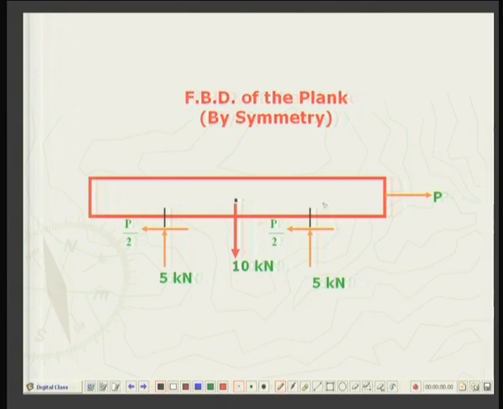And since the coefficient of rolling resistance is also same between the wheels and the plank, so the friction force here will also be same, but the total force of friction is to be balanced by the pulling force P. So essentially it will be P by 2 and P by 2. So by symmetry arguments we have achieved some information, that is the friction force will be P by 2 and the normal reactions will be 5 kilonewton.